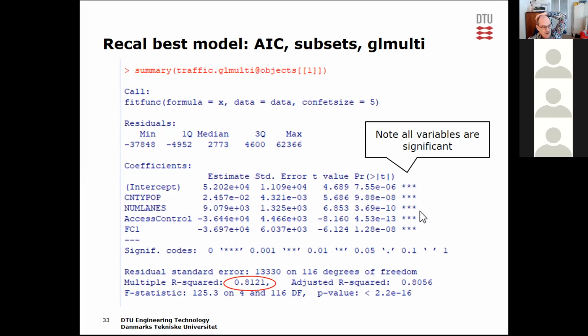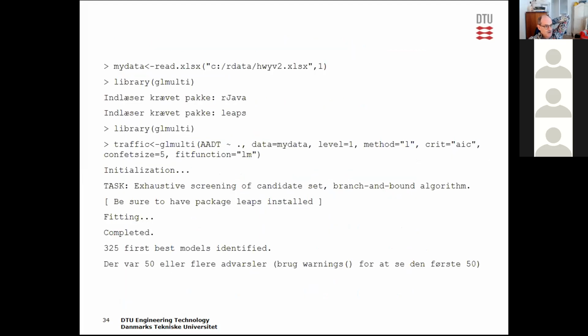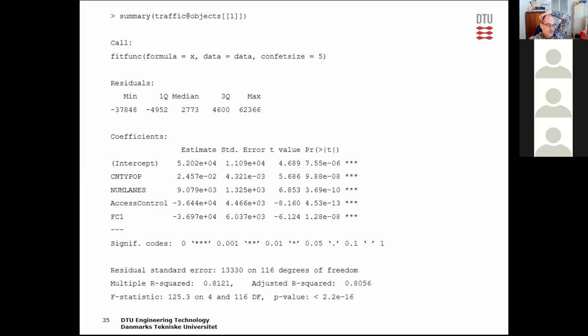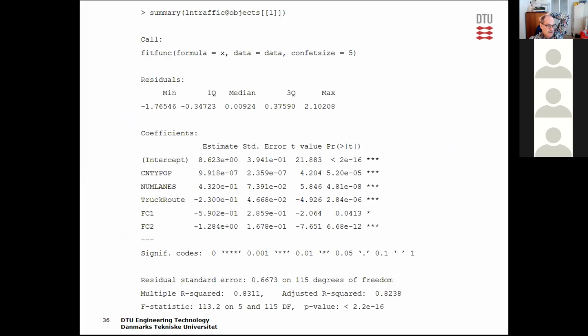And here's the raw R output in the next few slides. I run this again with the best subsets, and this is the result of the best subsets.